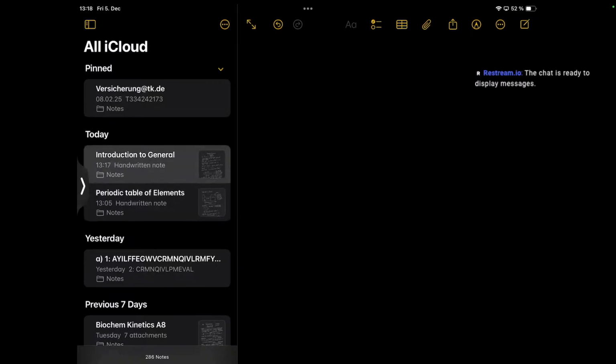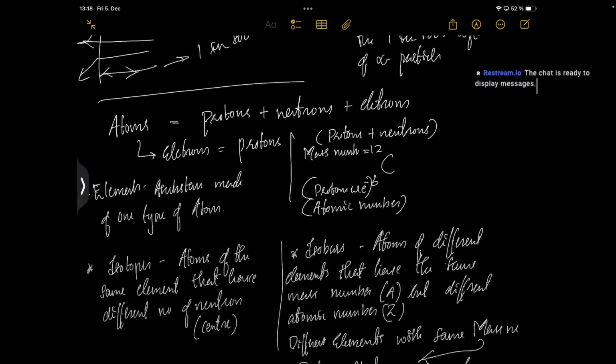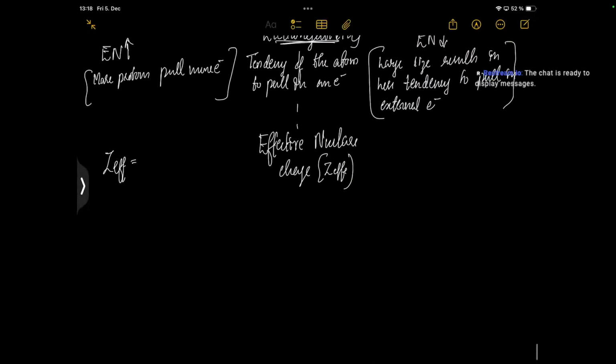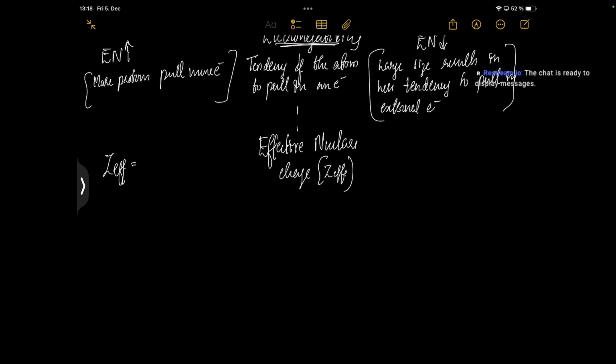So effective nuclear charge is, you could say, almost similar. It's the interaction between the nucleus and the valence electron, the outermost electron.